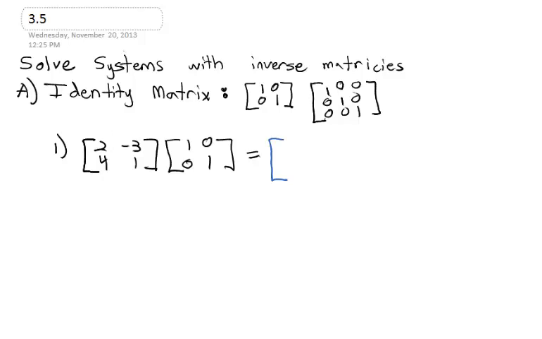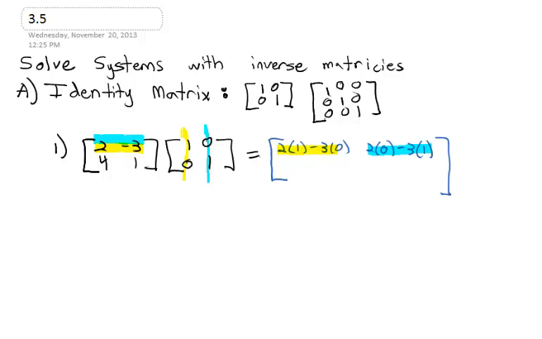First row, first column is going to be 2 times 1 minus 3 times 0. First row, second column, that's going to be 2 times 0 minus 3 times 1.